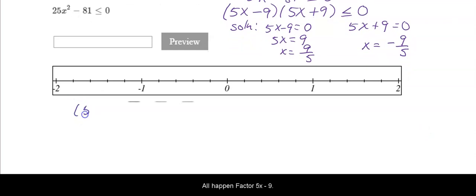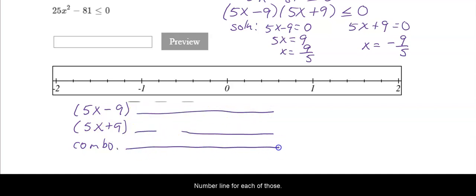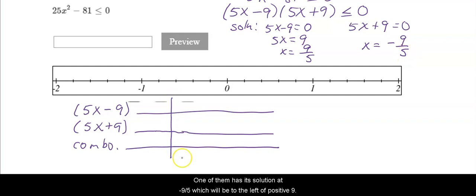I'll have the factor 5x minus 9 and the factor 5x plus 9 and their combination. Draw one number line for each of those. One of them has its solution at negative 9/5, which will be to the left of positive 9/5. Put the two lines on the graph in number line order.